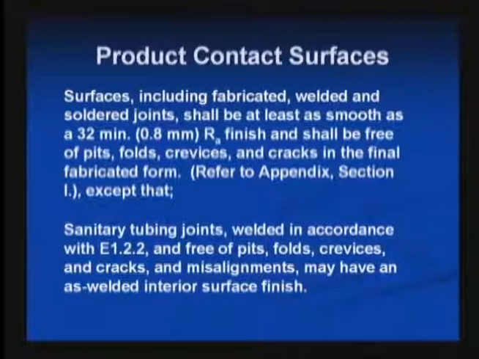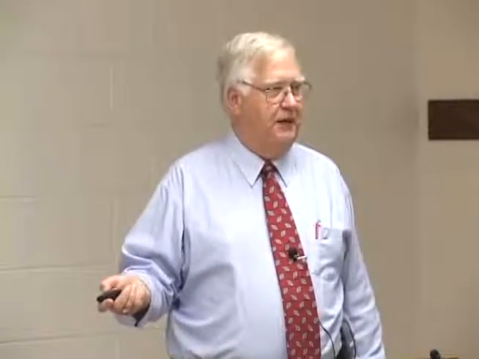Sanitary tubing joints is an exception, and as long as it is welded in accordance with the AWS standard, which happens to be this cross-reference, and is free of pits, folds, crevices, and cracks and misalignments, the interior as-welded surfaces don't have to be ground and polished.